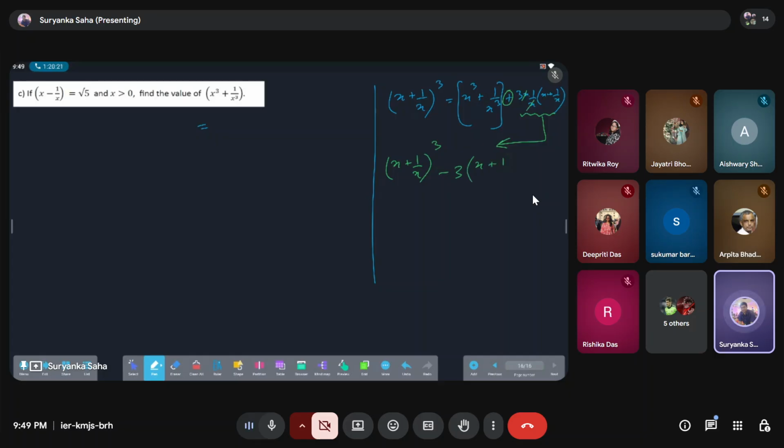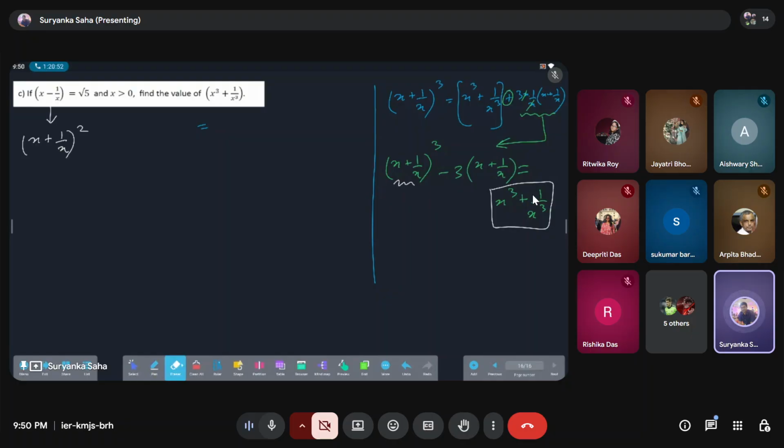So we need to find only a plus 1 by a, and we will get the result of a cube plus b cube. To find the value of this, we just need to find the value of a plus 1 by a. Now you know from a minus 1 by a, you can find a plus 1 by a by the step-by-step process. So a plus 1 by a whole square will be equal to a minus 1 by a whole square.